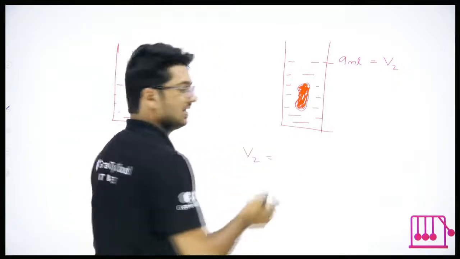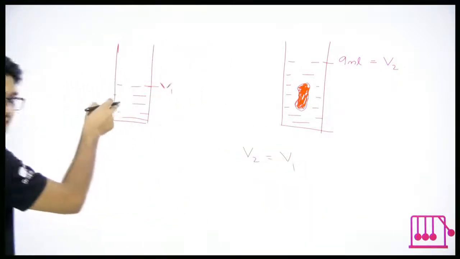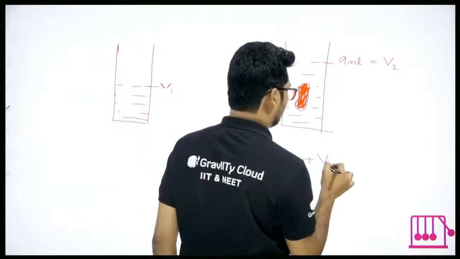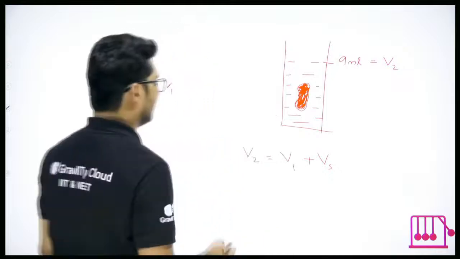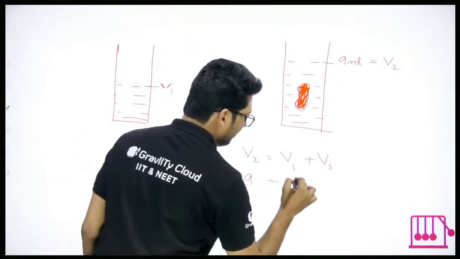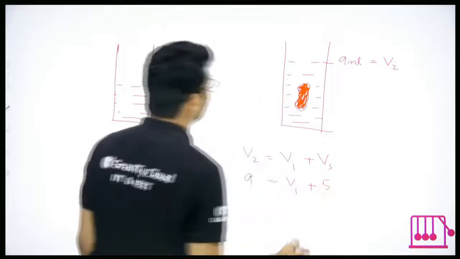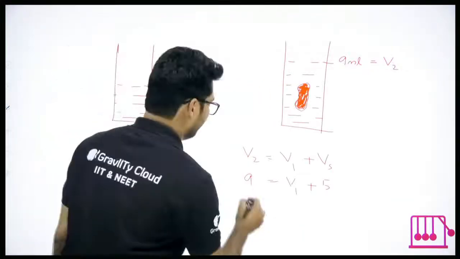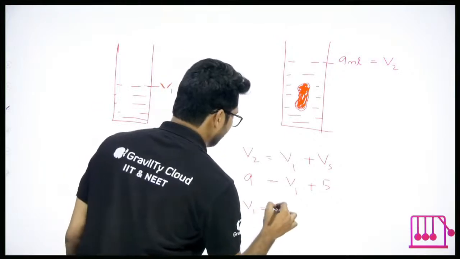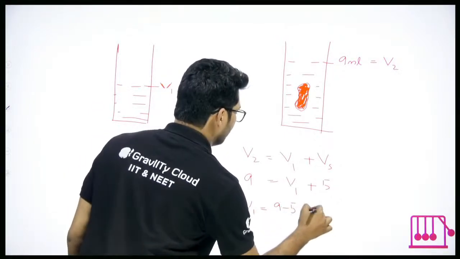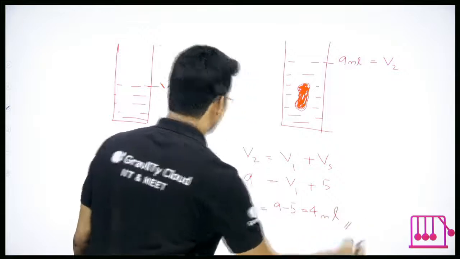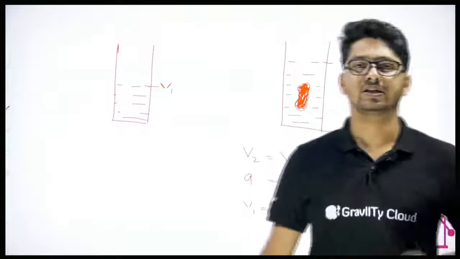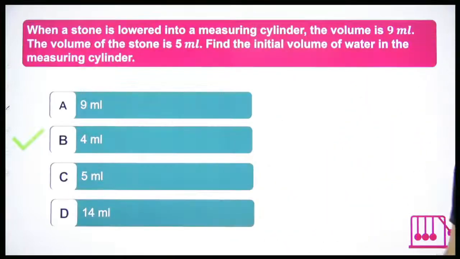The volume in the second case is the volume of water in the first case plus the volume of the stone. So V2 is given as 9, V1 we have to find out, and the volume of the stone is given as 5. If you need V1, you subtract 5 from 9. 9 minus 5, you get 4 ml. Hence the correct answer is B. Very simple, straightforward question. Got it?